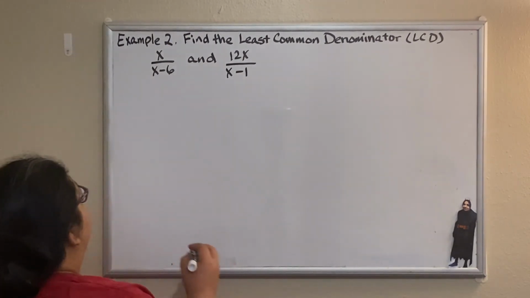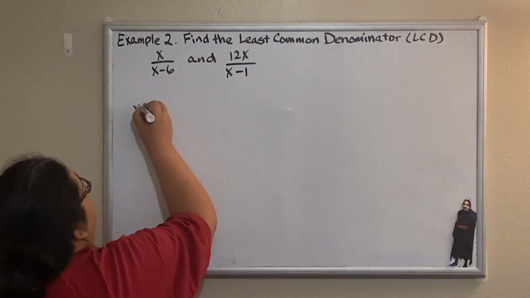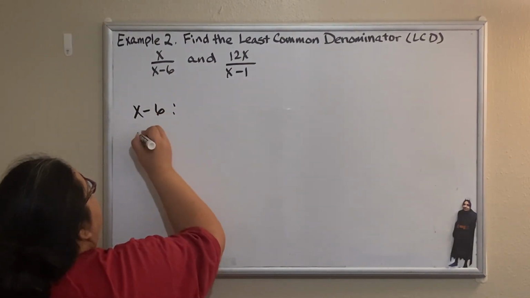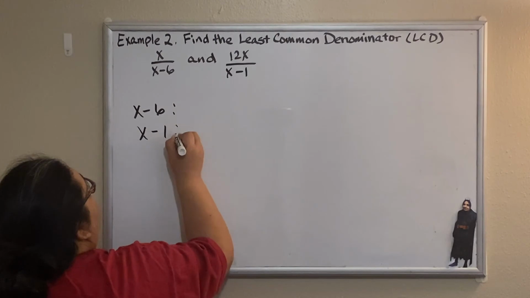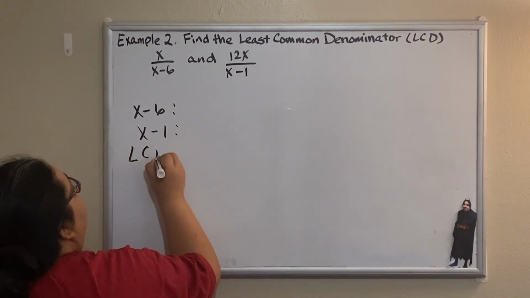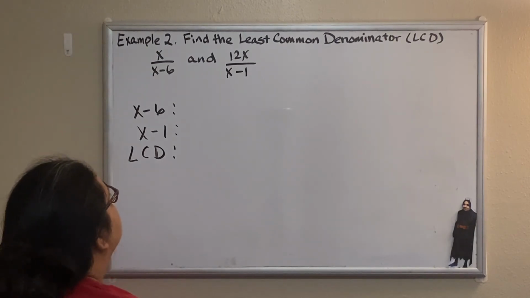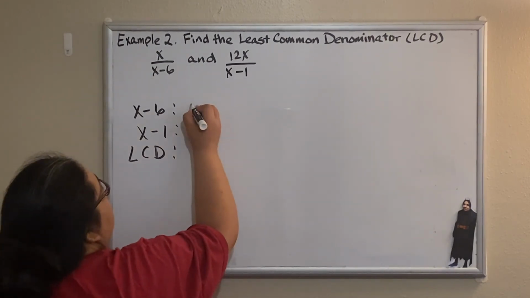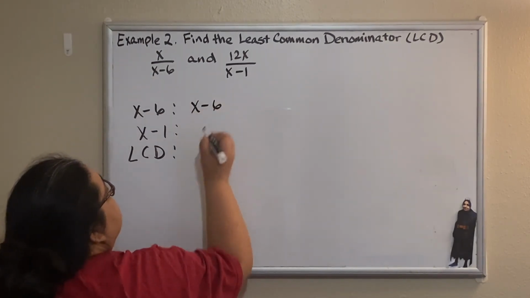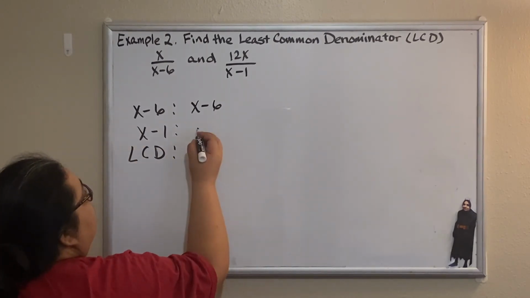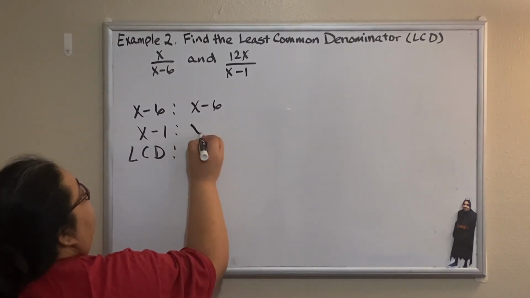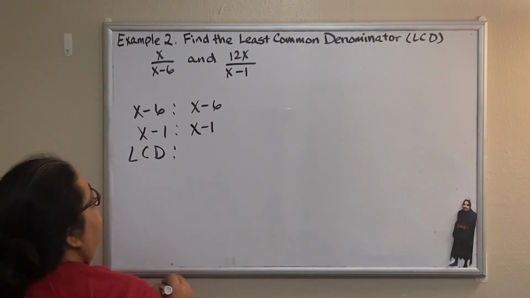So we're going to find the factors of x minus 6, the factors of x minus 1, and then their lowest common denominator or the lowest common multiple. Now the factors of x minus 6, it only has 1. It's just x minus 6. Same thing for x minus 1. It just has one factor of x minus 1.